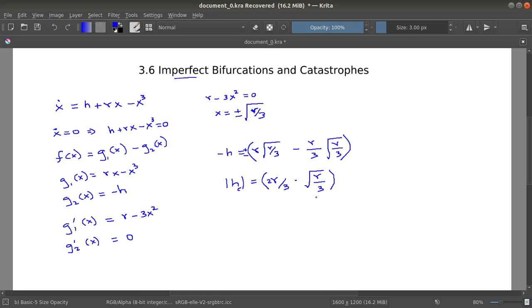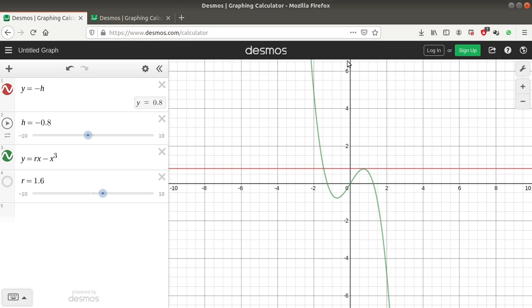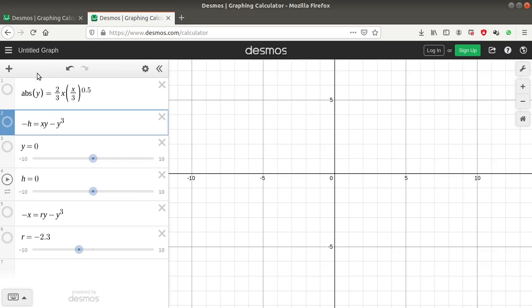Okay, so let's plot this picture, the curve r versus hc. So this is the curve, where this axis is r and this axis is h, and this curve represents when h is equal to hc.